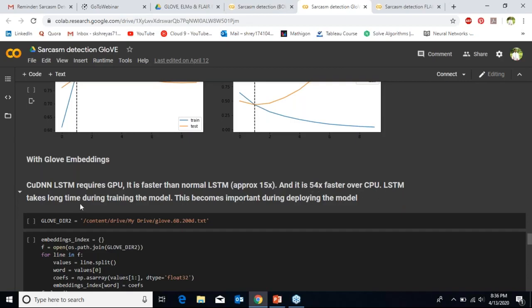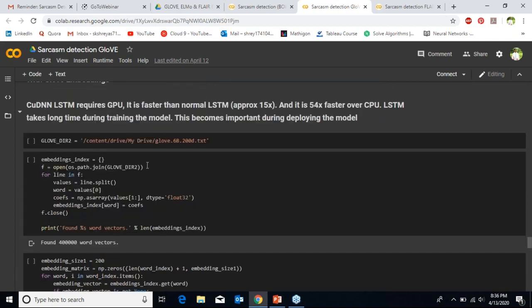Because LSTM takes a long time during training the model, this becomes important during deployment. But in TensorFlow 2.0, CuDNN was removed, and it is just represented as LSTM. Still, this LSTM in TensorFlow 2.0 runs on the GPU, so there is no need to import CuDNN.